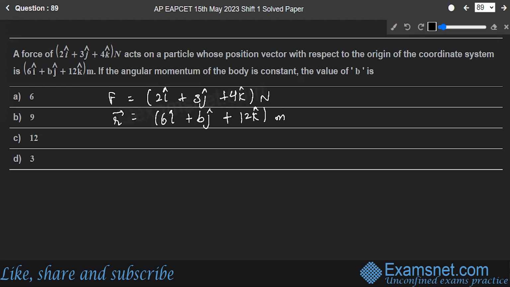See, when the angular momentum is constant, that means the external torque is equal to 0.